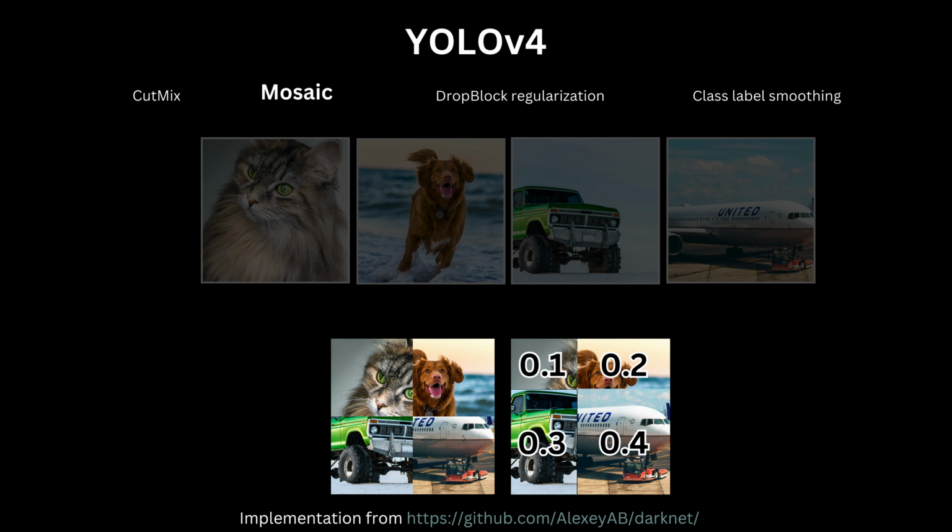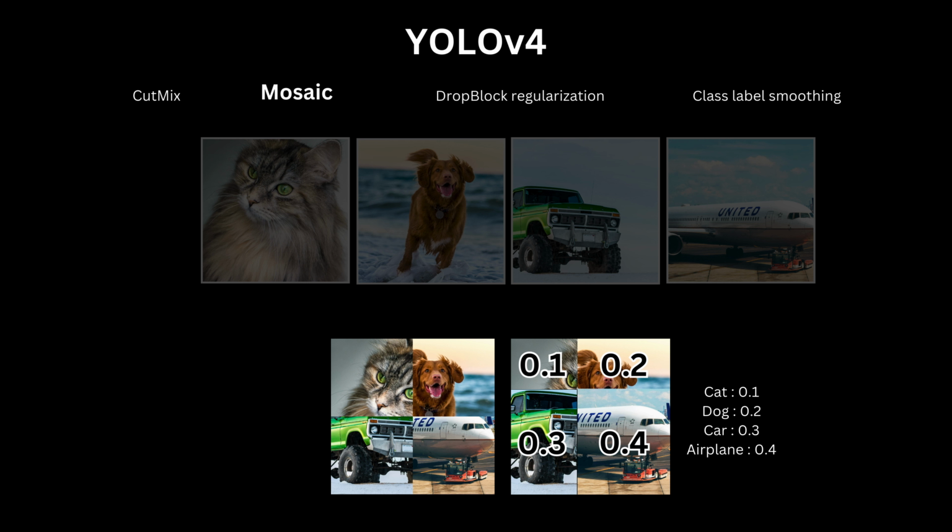For example, let's say we have roughly 10% of this image belonging to the first one, and then 20, 30 and 40% belonging to the other 3 images. So the label for this image will be 0.1 times the label of the first one, plus 0.2 times that of the second, plus 0.3 and 0.4 times the label of the third and fourth image.